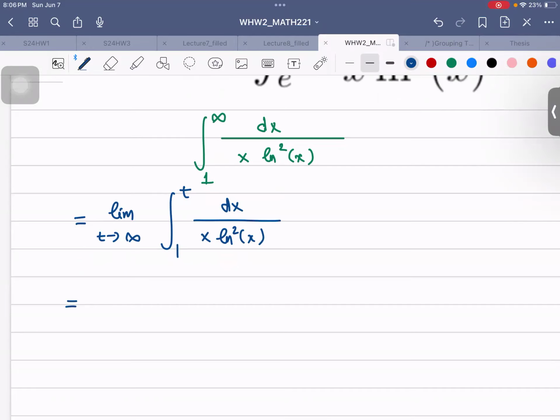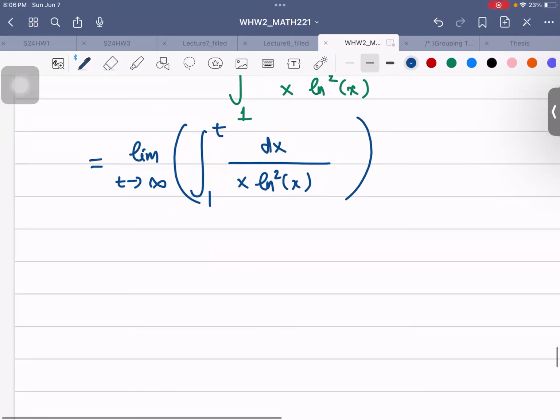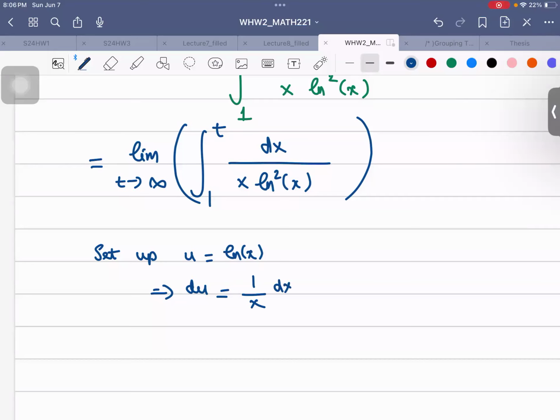Now we focus on this integration, and I believe you can do the substitution. Set u equal to ln of x, therefore du will be 1 over x dx.